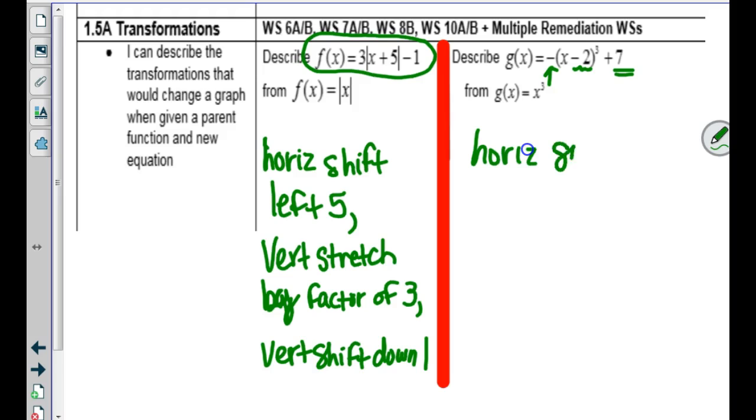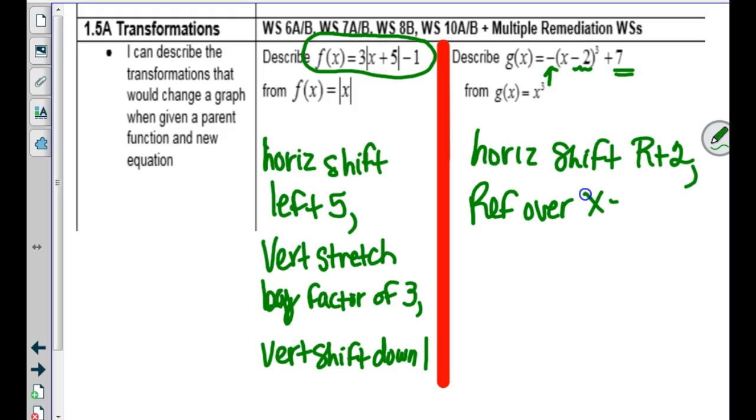You can just say right 3, I'm good with that. Right 2, thank you. Remember, it's opposite, okay. Then the negative, which is reflect over, upside down, right? Which is which axis? X. Please don't say flip. Say reflect, okay? And back here, vertical shift.